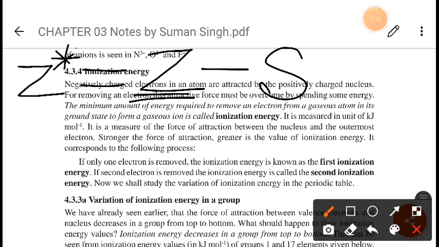If other factors remain the same, the ionization energy decreases with the increase in the number of inner electrons. I hope you have understood this.